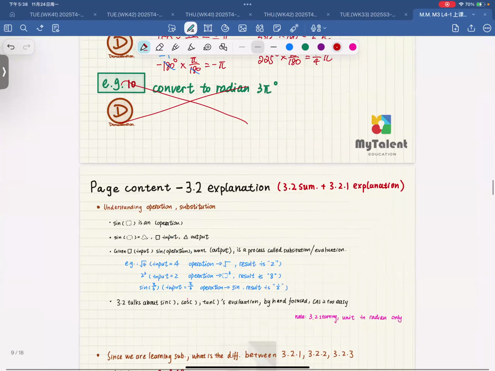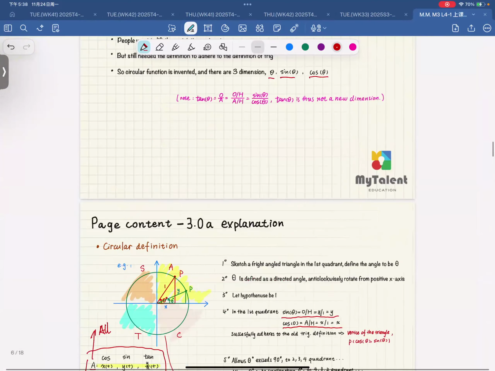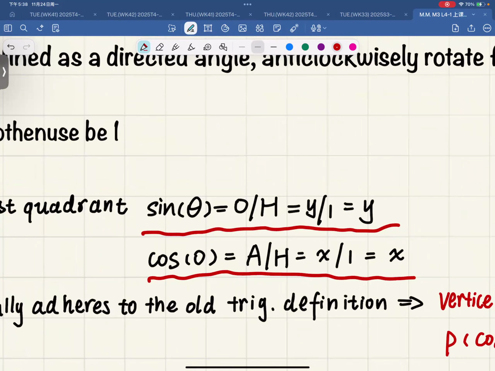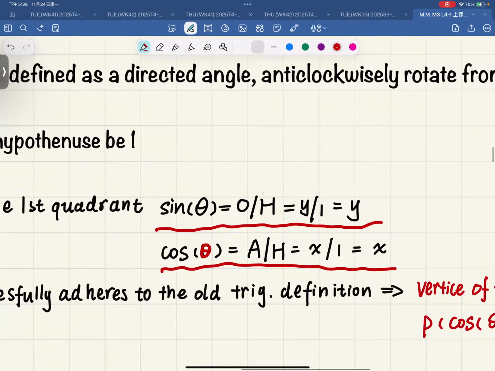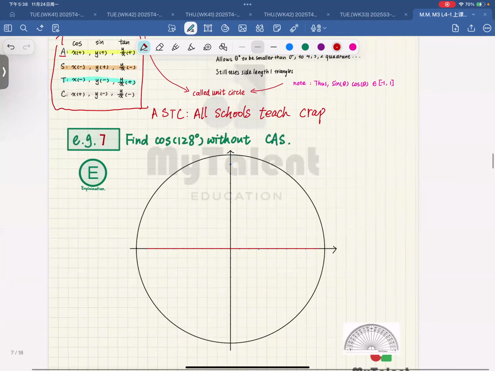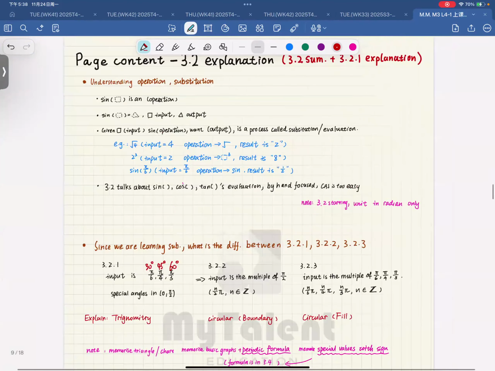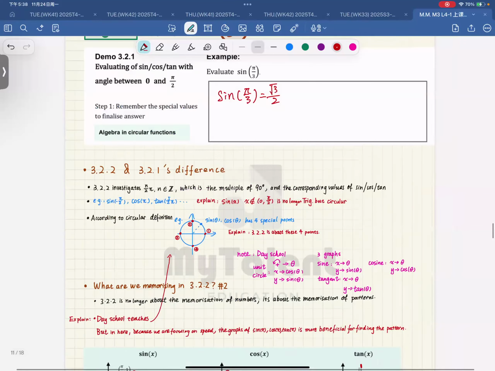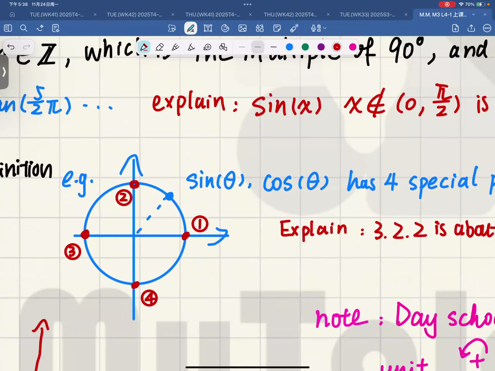Let's go back to here. Sine theta is the y coordinate, right? Cosine theta is the x coordinate. So if we come back to here, at position number 1, sine theta is equal to 0, because y is equal to 0.